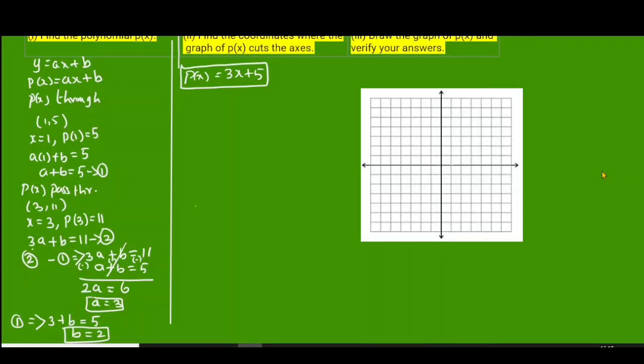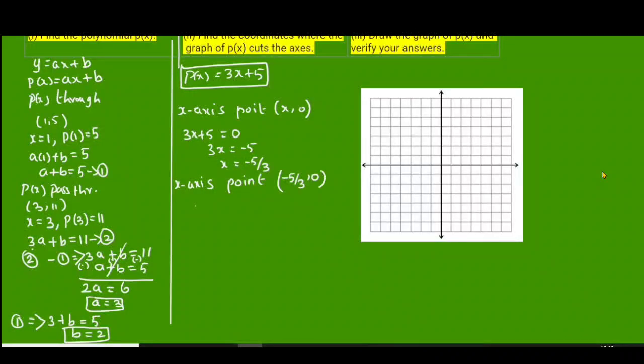Then what is the next one? Find the coordinates where the graph of P of x cuts the axes. What is the x-axis point? X-axis points are like (x, 0), which means we can replace y's place with 0. So 3x plus 2 is equal to 0, 3x is equal to minus 2. So the line meets the x-axis at the point minus 2 by 3 comma 0.